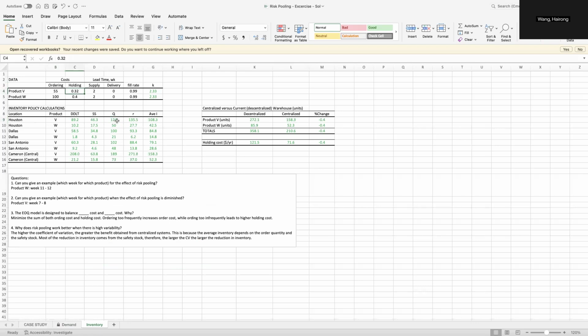Then by using these three quantities, we can calculate our optimal order quantity by using this formula.